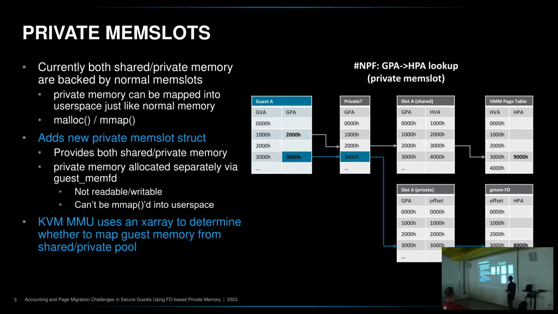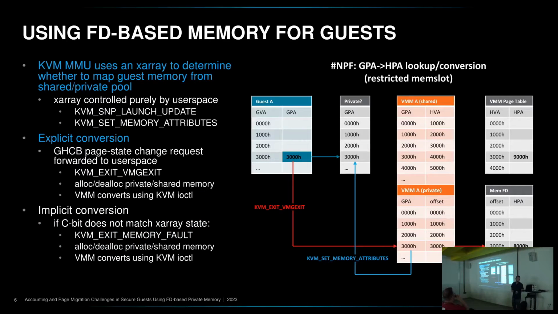And in cases where it should be backed by private memory, when we look up the host physical address of the page that we should map into the nested page table, instead of relying on the virtual addresses, we rely on the offset corresponding to that GMEM FD that user space passed to KVM.